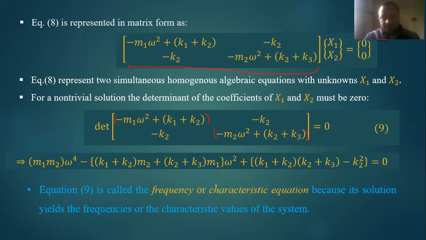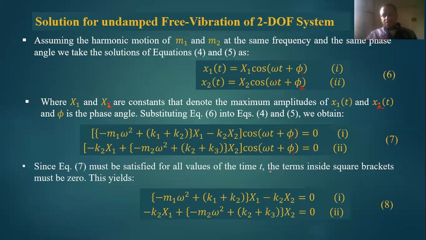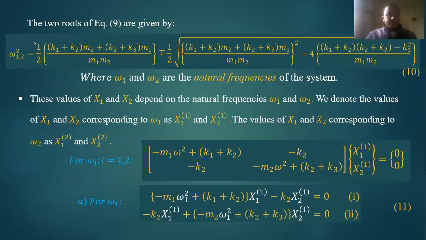And from this characteristic equation, or frequency equation, we can obtain the two natural frequencies, meaning the characteristic values. We can find them using the quadratic formula in terms of omega squared. Okay, the first and second natural frequencies are given by this equation.